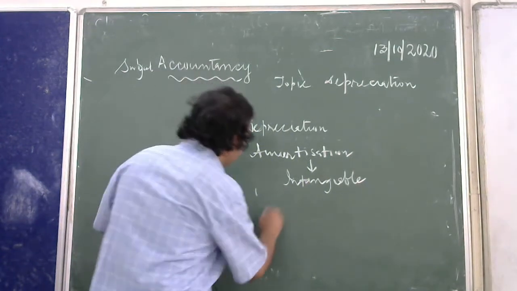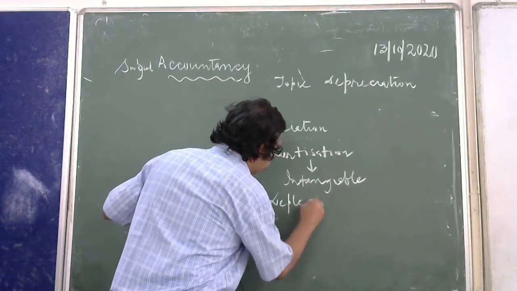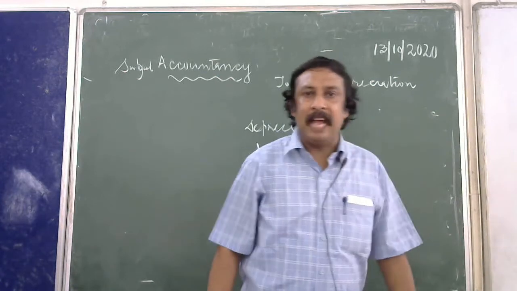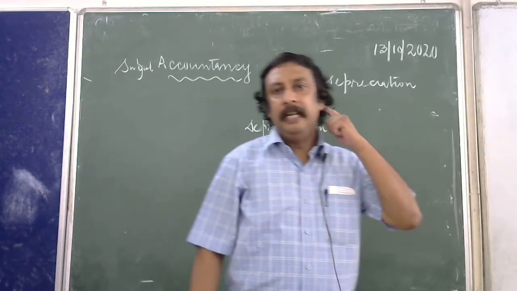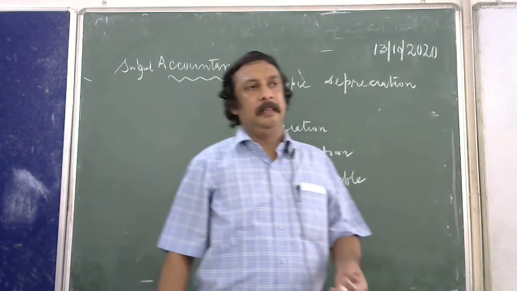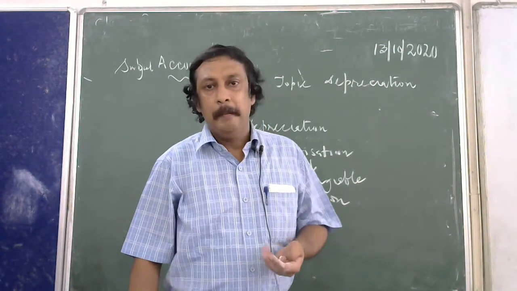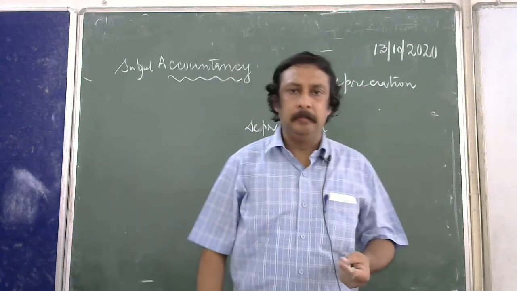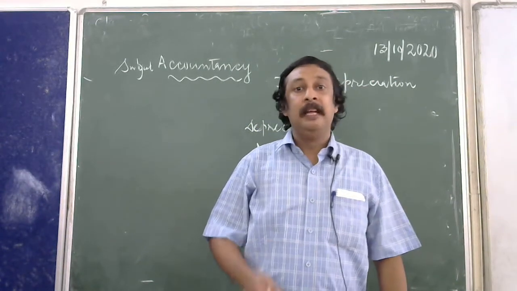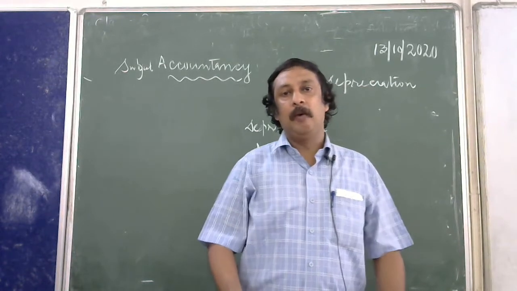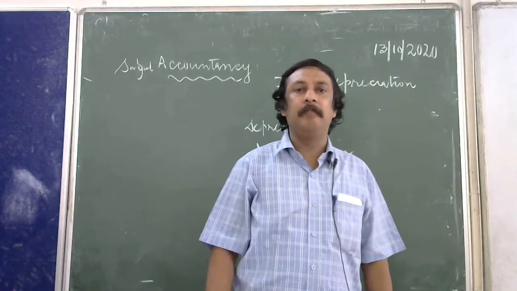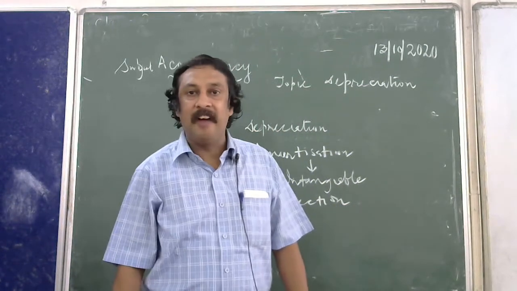Thirdly, we have the word depletion. Depletion is used when minerals or products are extracted from the assets slowly and steadily, and the value of the asset gets reduced, like in the case of coal mines and oil refineries.